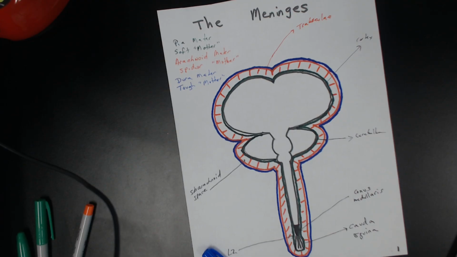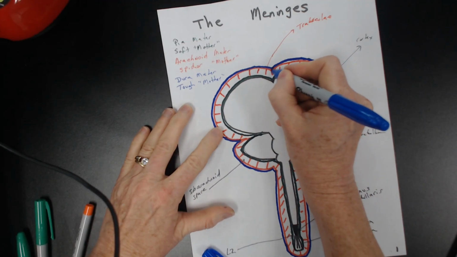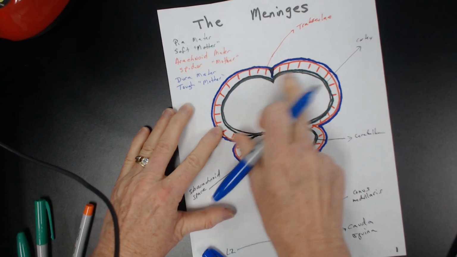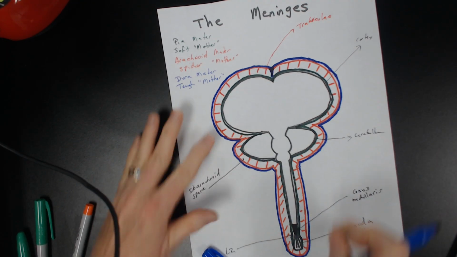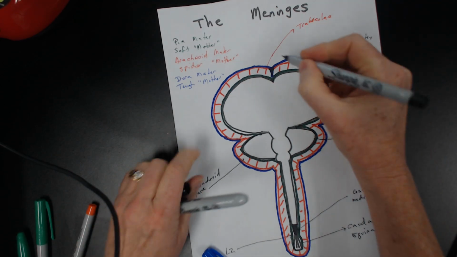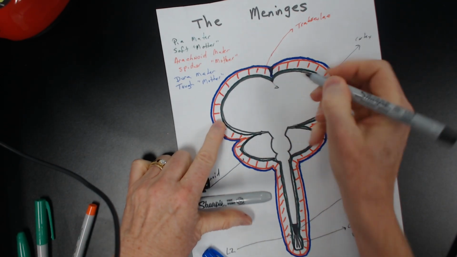Now, we talked previously about the fact that there's this separation or indent between the left and right hemispheres. Does anybody remember the name of that fissure? Longitudinal. Correct. This is going to be the longitudinal fissure. Put it down here.